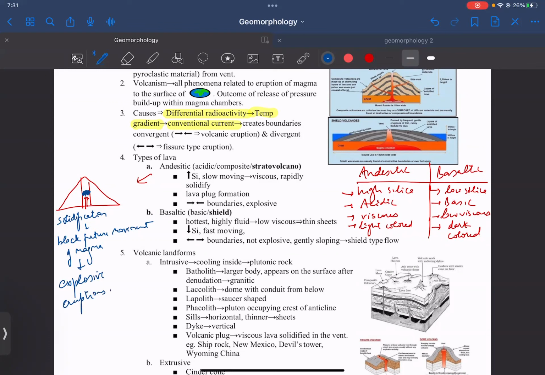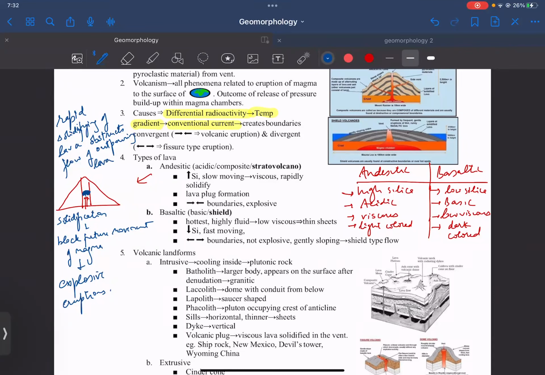Because if magma has to escape to the surface, how will it escape? Only by breaking of that plug which has been created by the solidification of the previous magma. Right? So basically, rapid solidifying of lava obstructs the flow of outpouring lava.